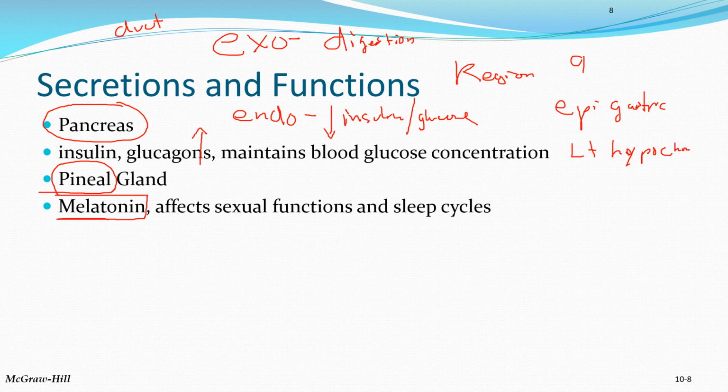Melatonin is the hormone for your sleep-wake cycle. Sorry, not your pigmentation. That's melanin. This is melatonin. That's for your sleep-wake cycle, and it responds to light and dark. So as it gets darker during the day, your pineal will release melatonin, and it'll get you sleepy.